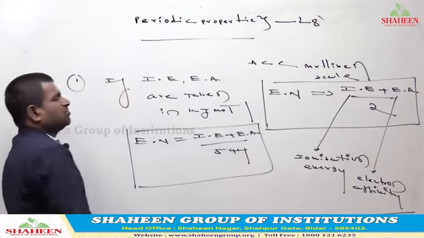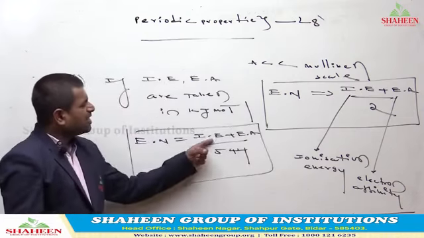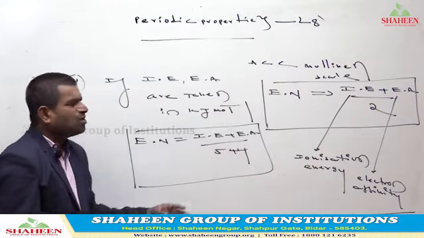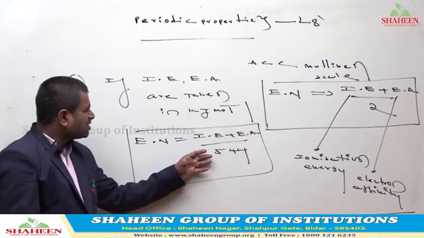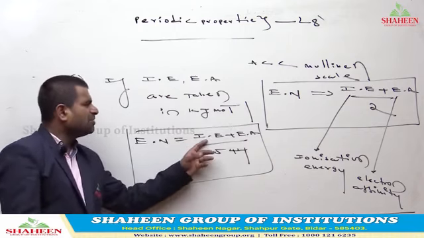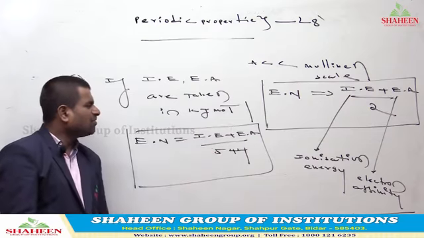Remember, if IE, EA values are taken in kilojoule per mole, in that case I am using EN is equal to IE plus EA divided by 544.